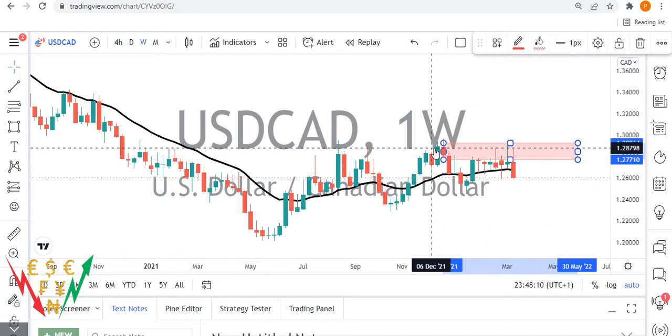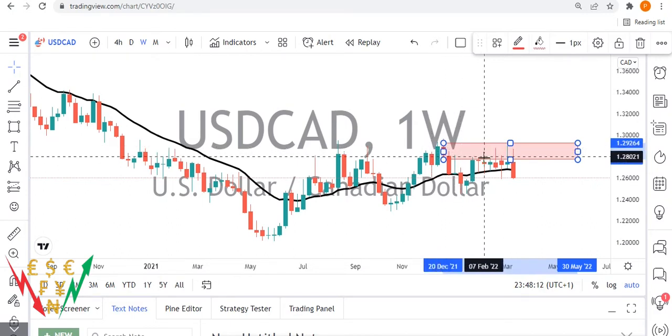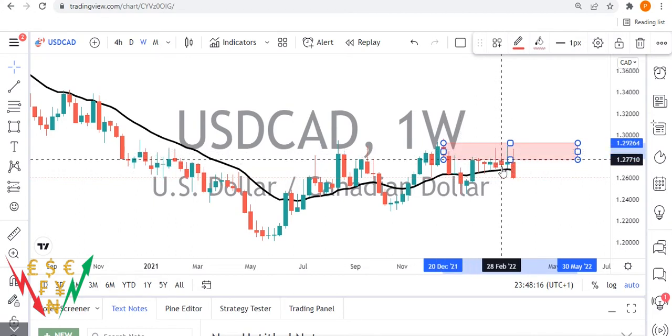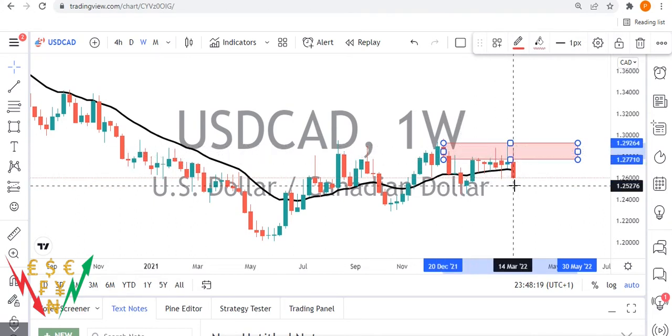I don't want to go into complicated stuff, but very simply, the price has been trading within this range, and then there's a breakout candle.